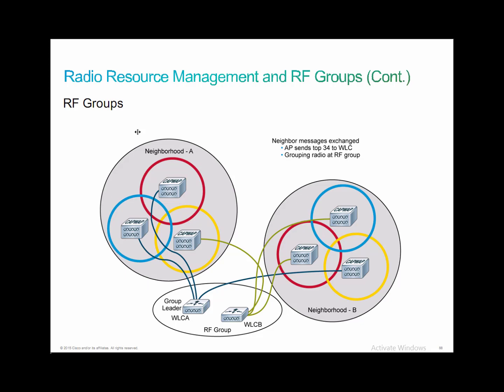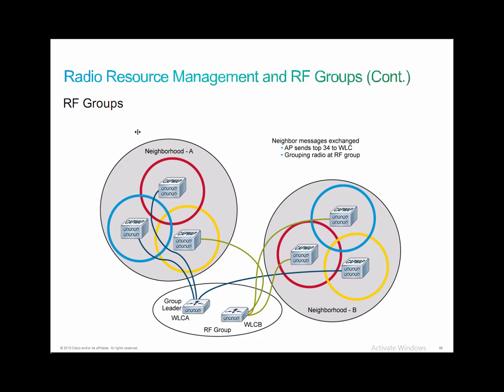Lightweight access points do periodically send out neighbor messages over the air, and these access points use the same RF group name to validate the messages from each other. But you can see we do have different neighborhoods. Obviously, neighborhood A in this case is completely unrelated to neighborhood B. Maybe it's a different building, or maybe it's a branch office or whatever.